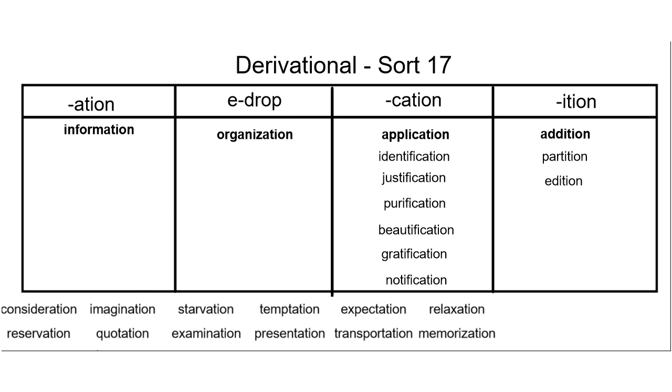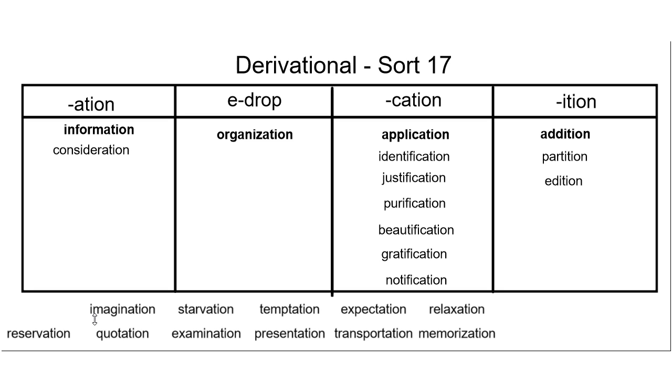When we look at these words, we again are going to look at the base word first. Consideration has the base word of consider. In order to add the ation, nothing was done to the base word of consider, so that goes directly in the ation category.